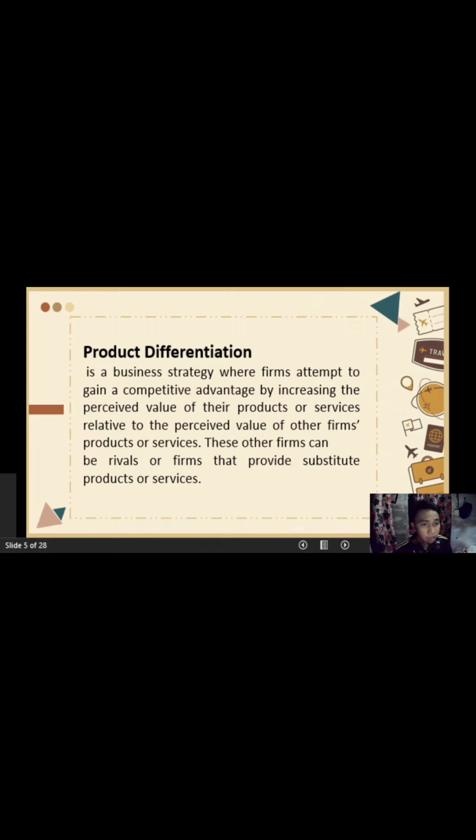These other firms can be rivals or firms that provide substitute products or services.